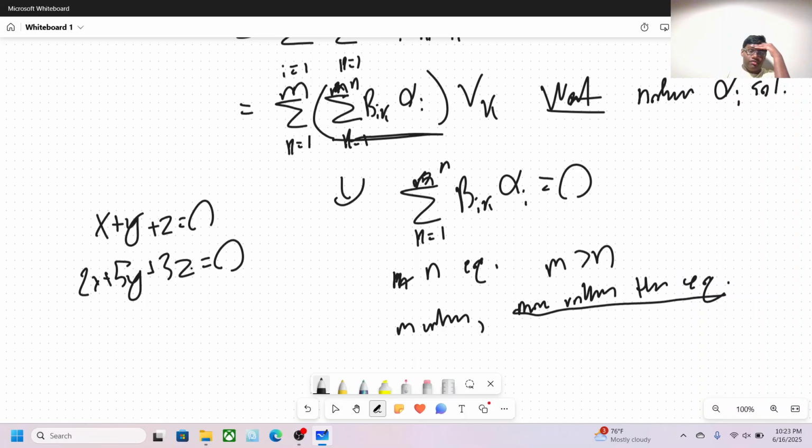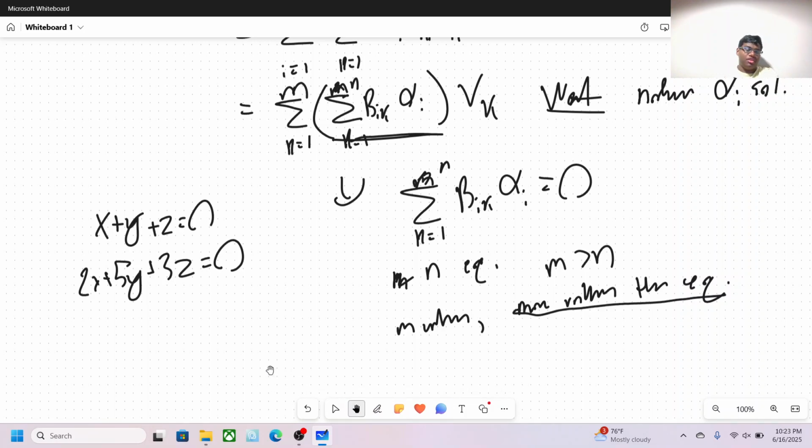Does there exist a non-trivial solution to this? The answer is yes. Why? Whenever we choose x, we can choose y to make this work, and then we can choose z to make this work. Somehow we can play with these variables to reduce it to the case where we always have some kind of free variable to choose that makes the system 0.